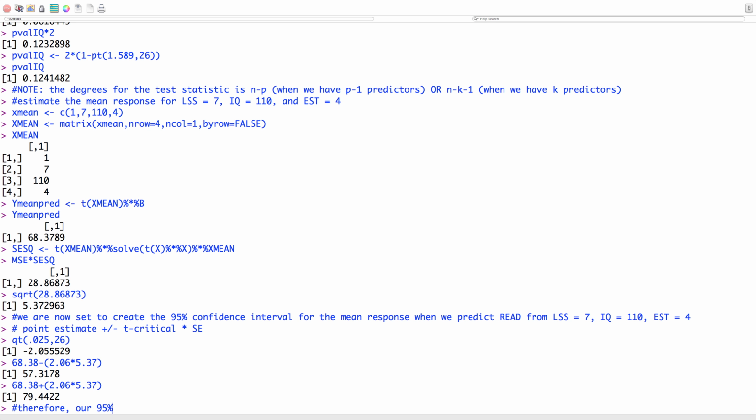Therefore, our 95% confidence interval for the mean response for LSS equals 7, IQ equal 110, so for all those kids out there that have an LSS of 7, IQ of 110, estimated reading level of 4, the 95% confidence interval is 57.3 to 79.4.